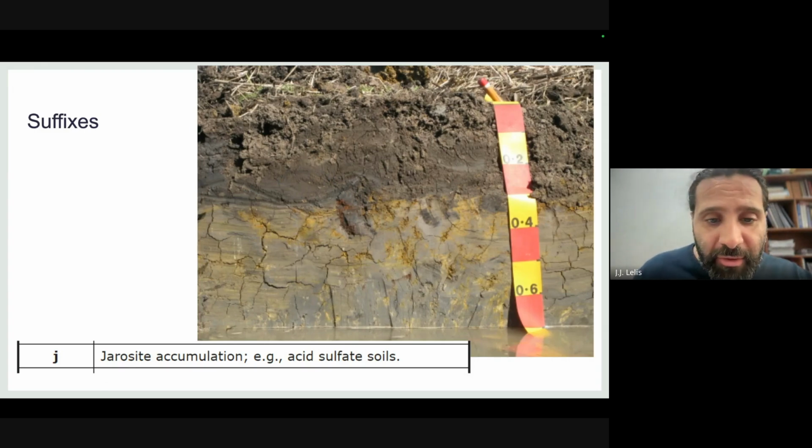And you also can find some soils that are oxidized, where the sulfides were re-oxidized. In this case, you use the letter J to express the presence of jarosite. So you can see in this specific soil that it's fluided, because you can see the water table here, and you also can see these yellowish colors.